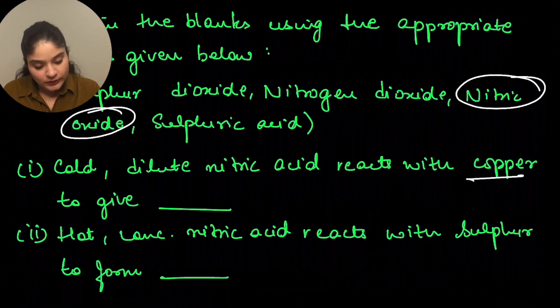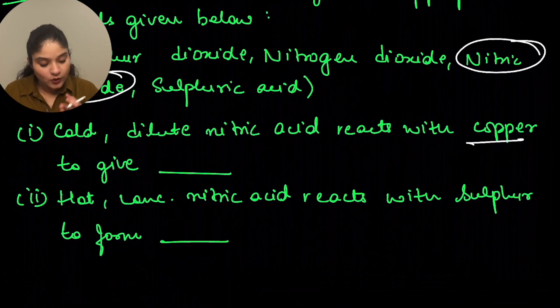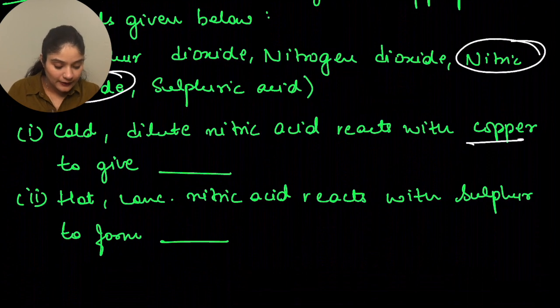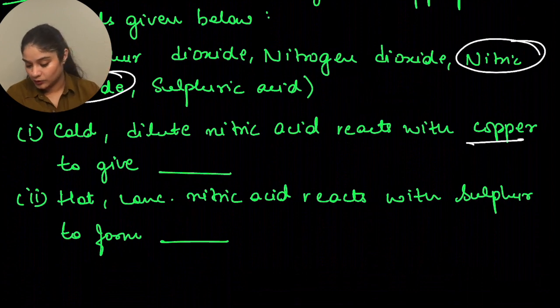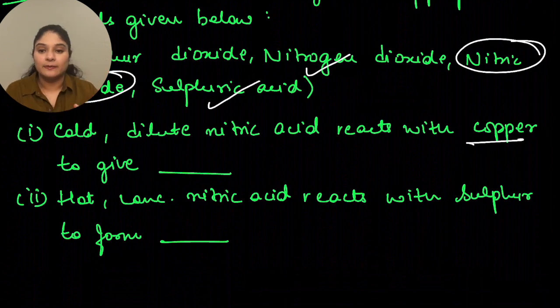For the second one you can mention hot concentrated nitric acid reacts with sulfur to form... You can give either nitrogen dioxide, because that gas is also coming out, or you can mention H2SO4, that is sulfuric acid. So any of these answers is acceptable.